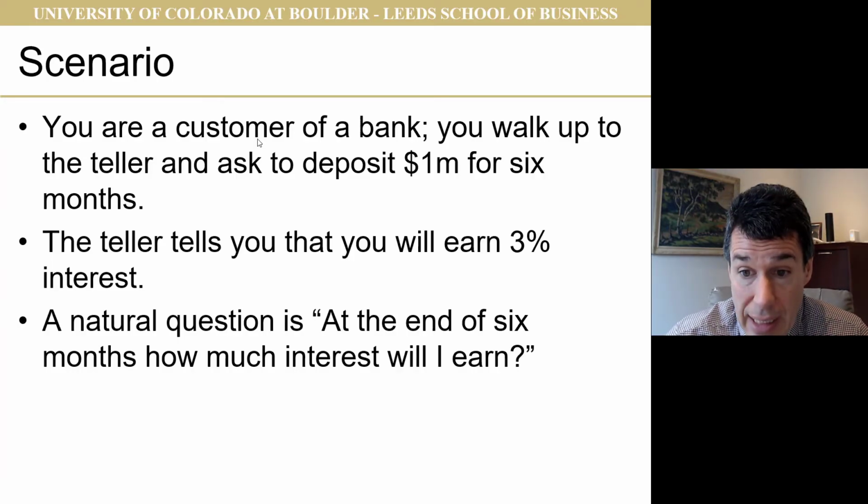Now, give or take, 3% over a year is $30,000 on $1 million. So 3% annualized, $1 million deposit, that's $30,000. So for 6 months, it should be about $15,000. But of course, you've got $1 million in your pocket. You want to know precisely how much you're going to earn.